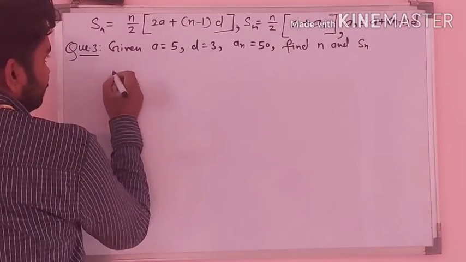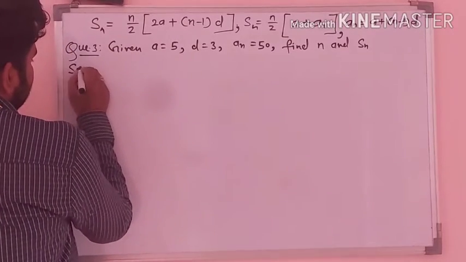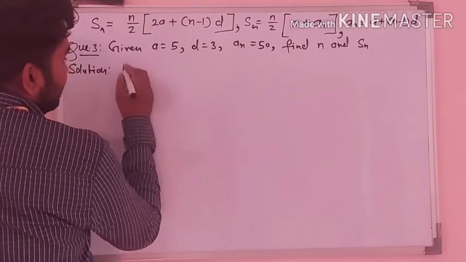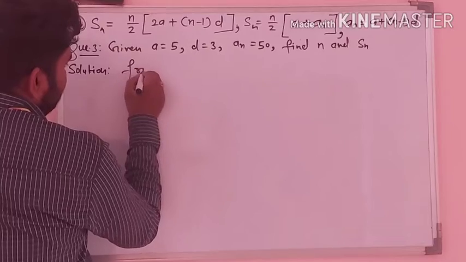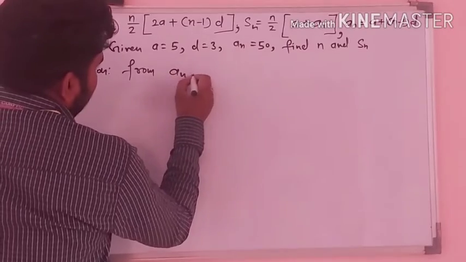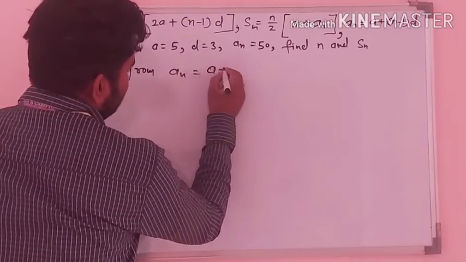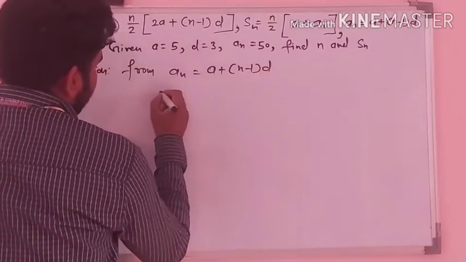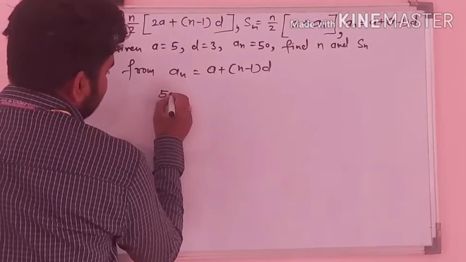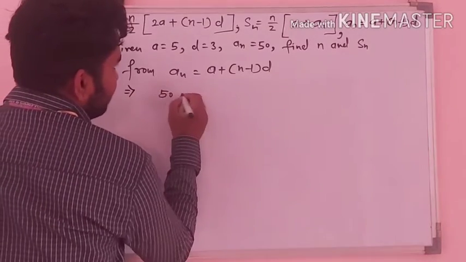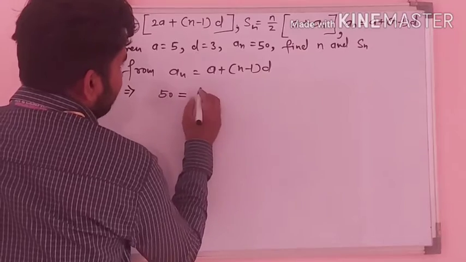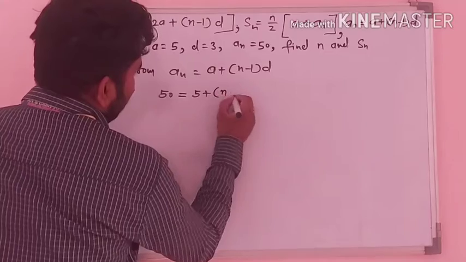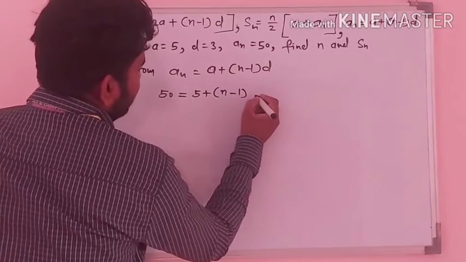So an is equal to, solution: from an is equal to a plus n minus 1 d. So here an is equal to 50, a is 5 plus n minus 1, which we have to find out, and d is 3.